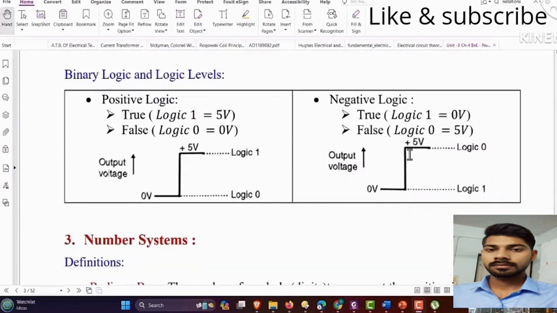The binary logic and logic levels. In binary systems, there are two systems of logic representation: the positive logic system and negative logic system.